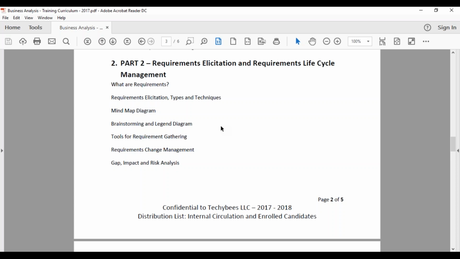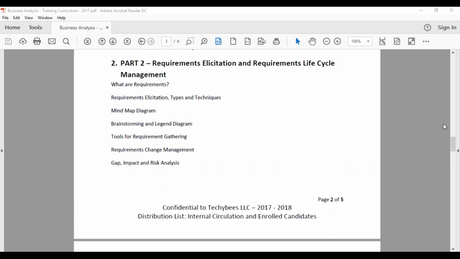So together, there will be an assignment question pertaining to the software development life cycle and explain the requirements, types of requirements. And then also there will be a Visio diagram for you to practice.